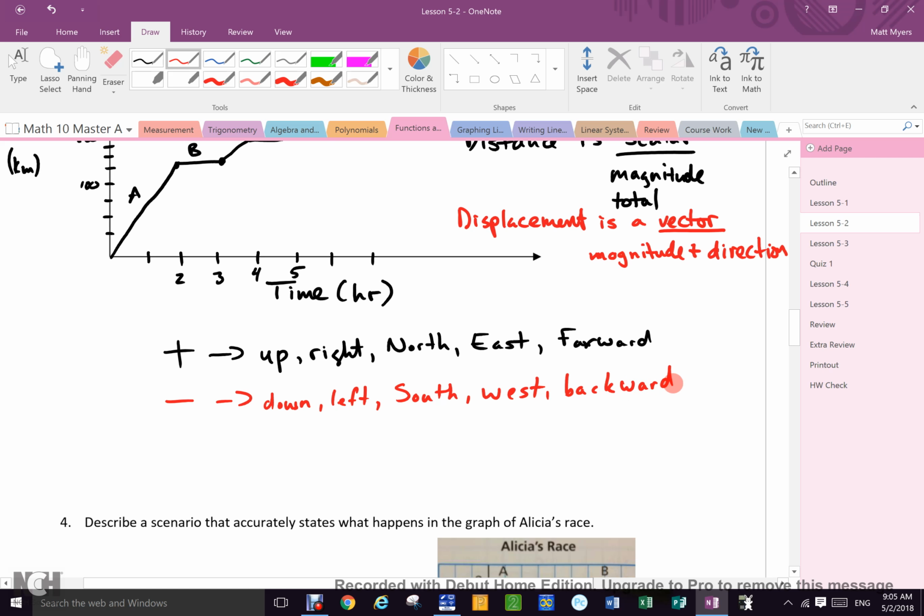All right? So, let me make sure you guys all have this. Where is your left hand? Your left hand is over here, correct? So that would be negative, yes?